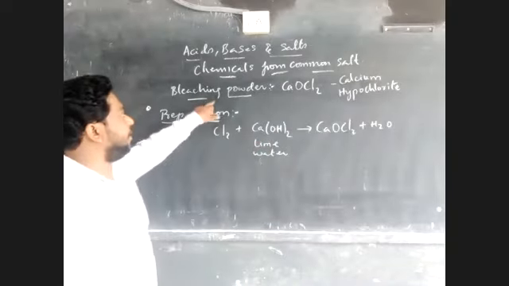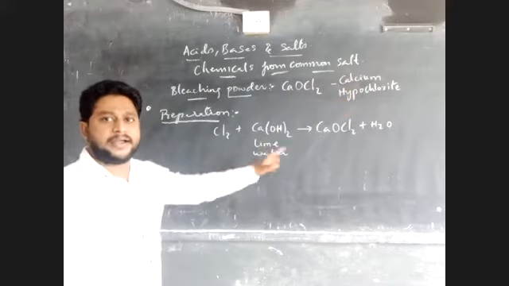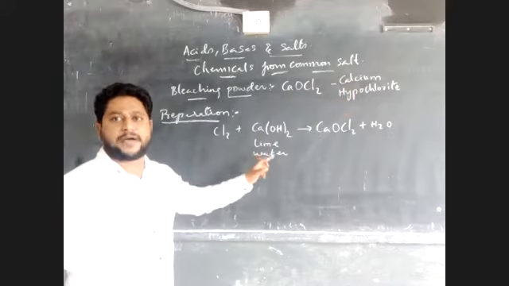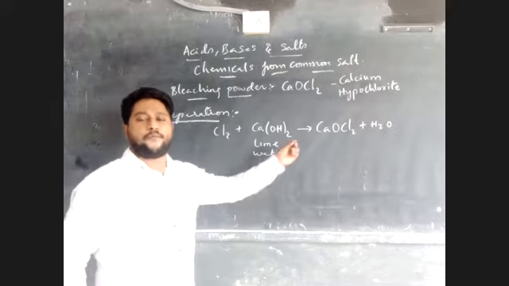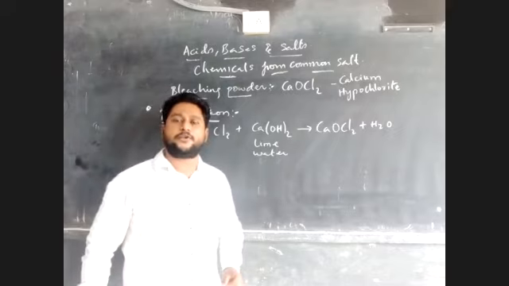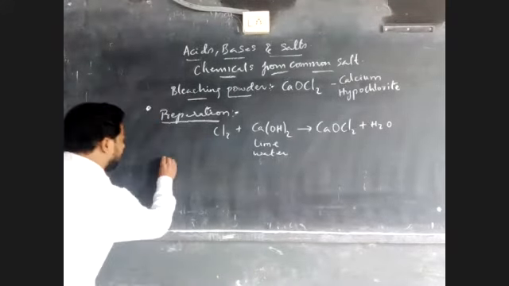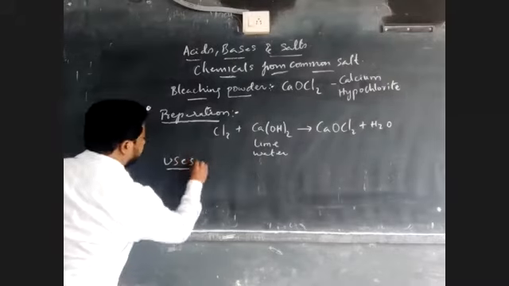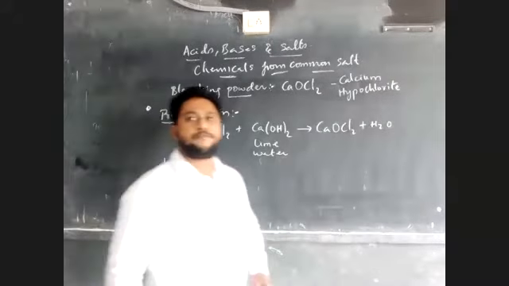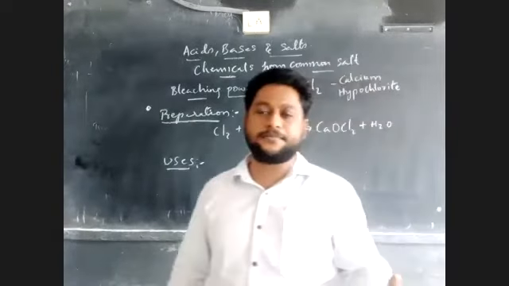See, bleaching powder formula, its chemical name. How it is prepared? When chlorine gas is passed through lime water, we get a solid substance that is CaOCl2, bleaching powder, and water. Now, what are the uses of bleaching powder? Bleach itself means removal of color.